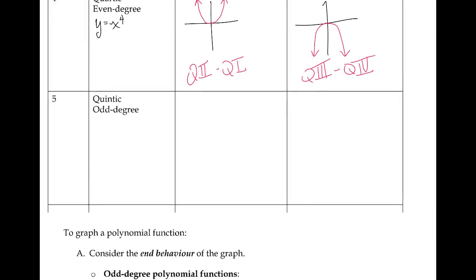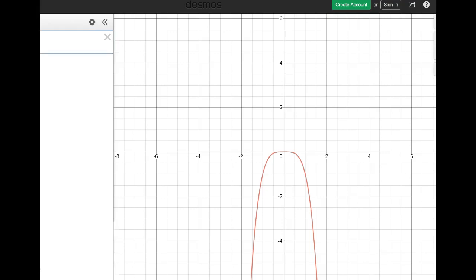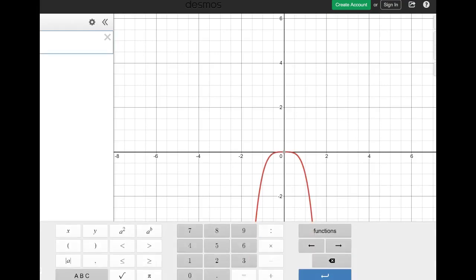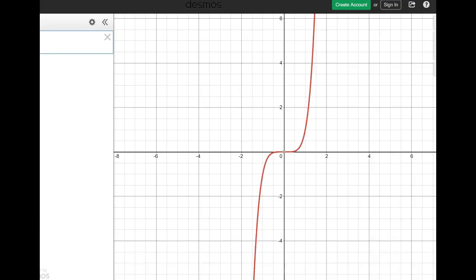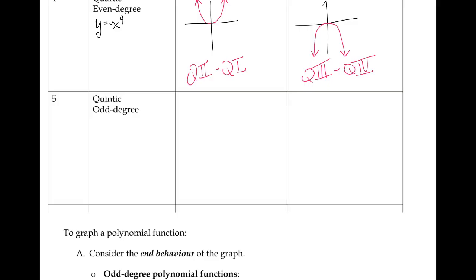Okay. We can carry this on for quintics. Again, I'll go into Desmos here so we can see. If we put it to the power of 5, and I'm going to get rid of that negative that I had, we get, again, that same curvy, diagonal-ish shape that we got with our cubic.